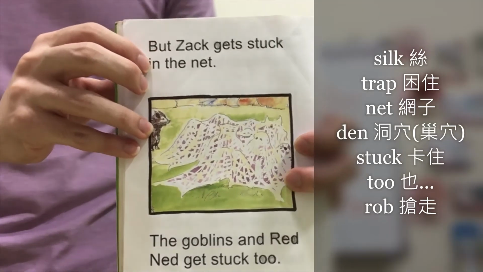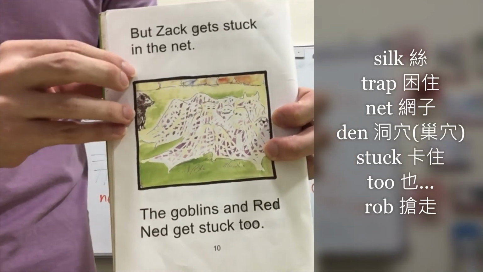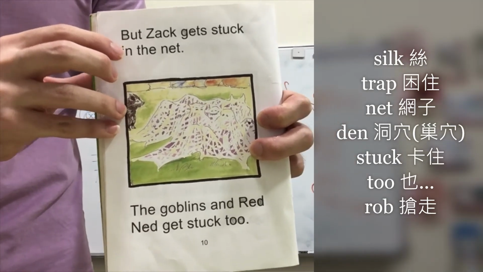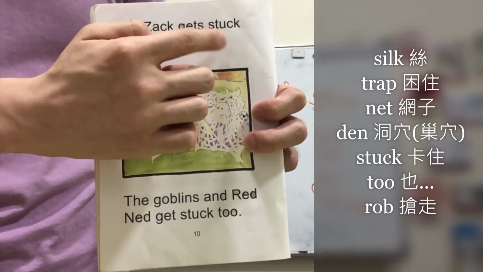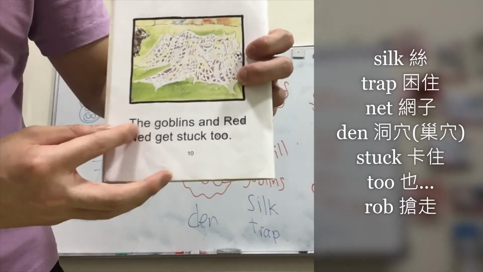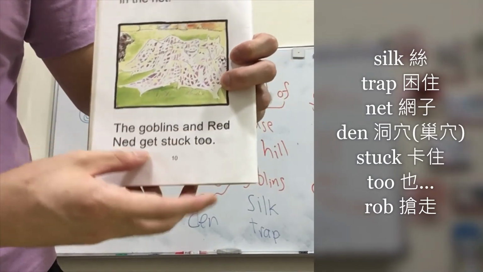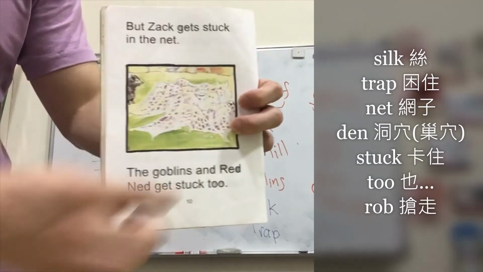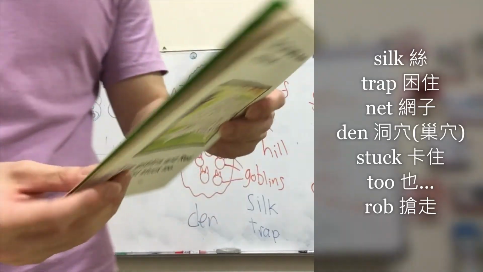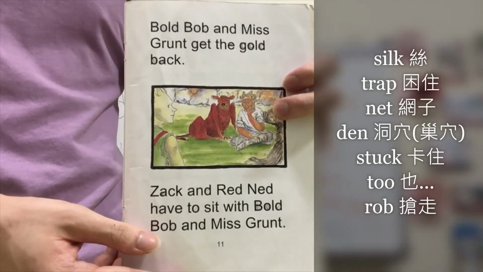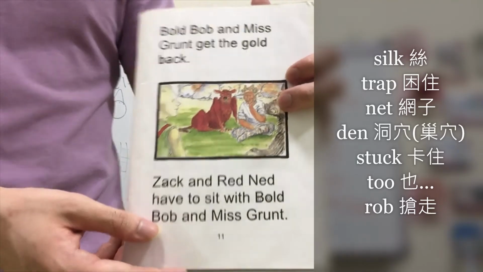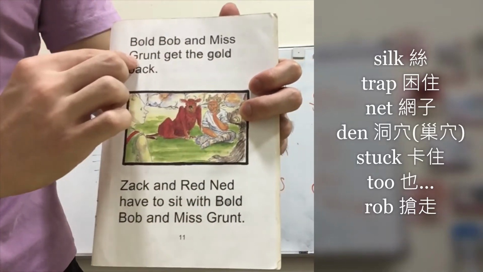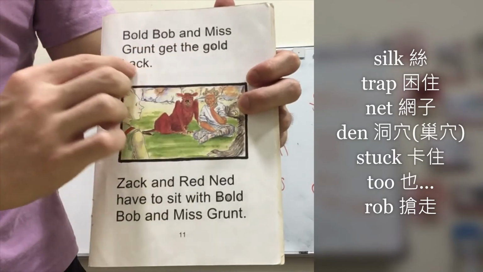But Zack gets stuck in the net. The word stuck we went through before, right? The goblins and the Red Ned get stuck too. So all of them are stuck in the net. Bold Bob and Miss Grunt get the gold back.